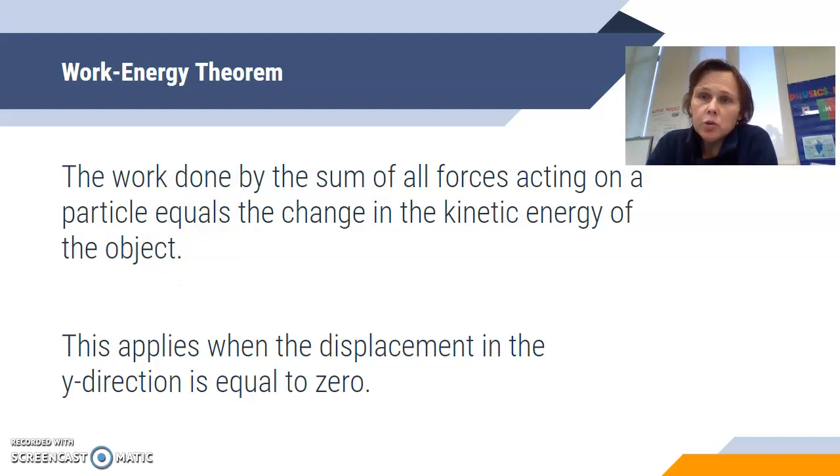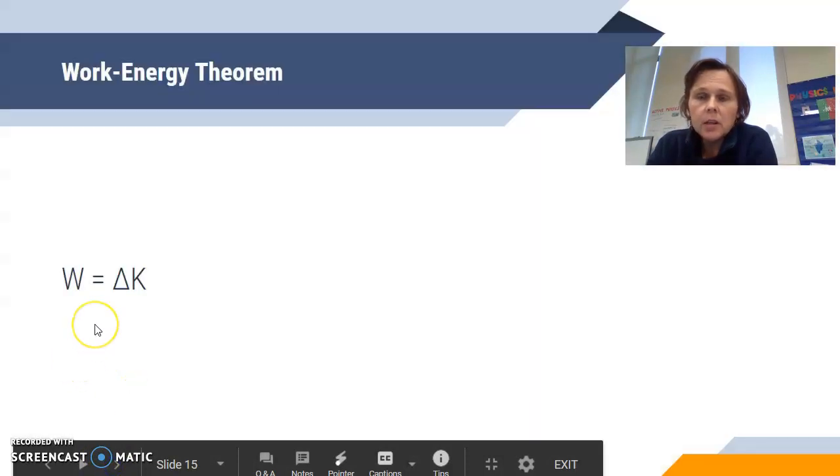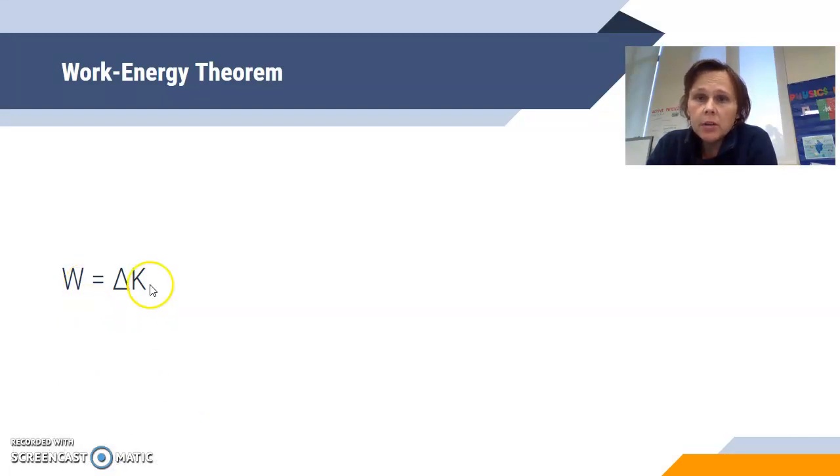And we're talking about motion in a straight line, okay? We do not talk about displacements in the y direction for this situation, okay? So in other words, the work energy theorem can be written as work equals change of kinetic energy of the object or the system of objects.